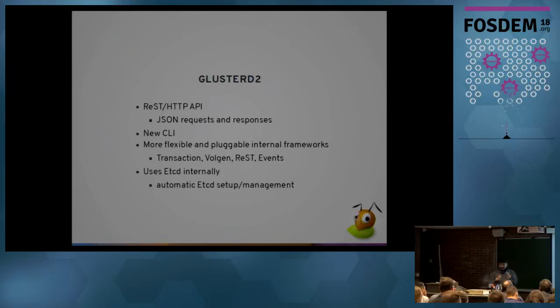And Gluster automatically will take care of promoting or adding new servers to the etcd cluster when needed. Say if one of the original etcd servers did go down, Gluster will automatically bring up another server to the cluster, so that you always have the requisite number of etcd servers running.